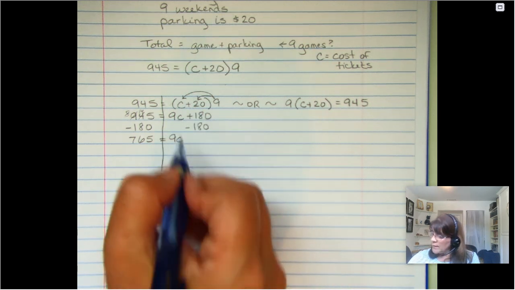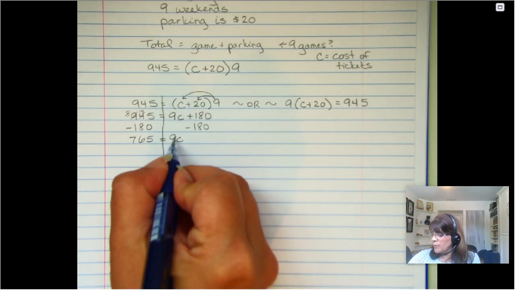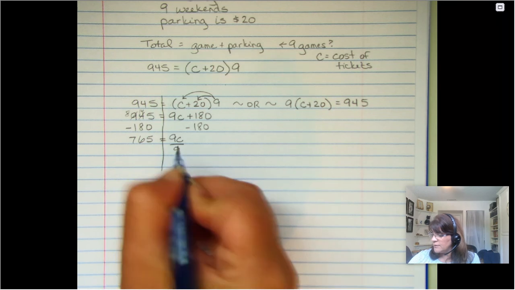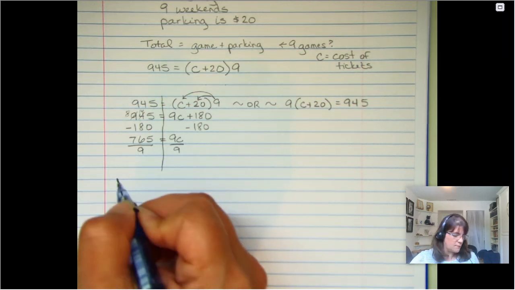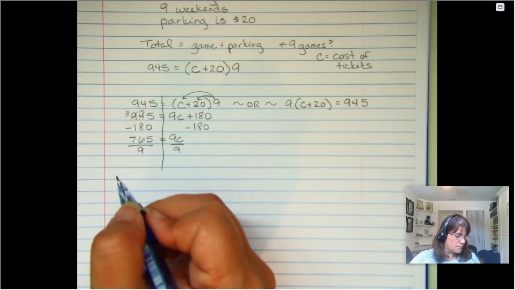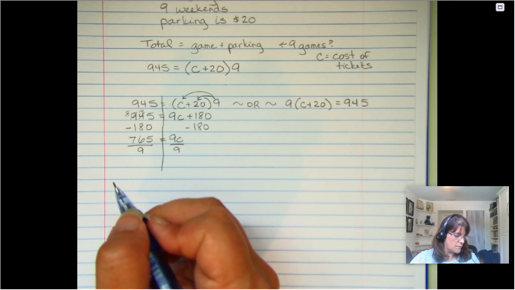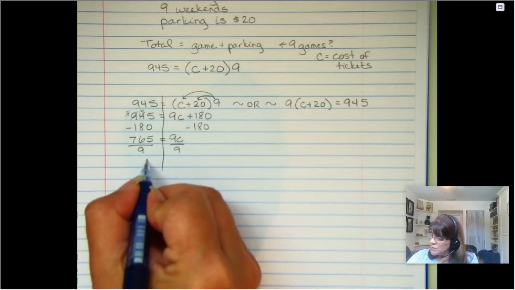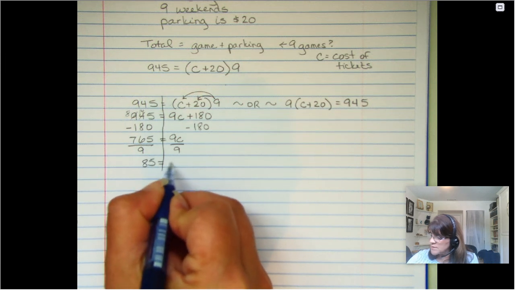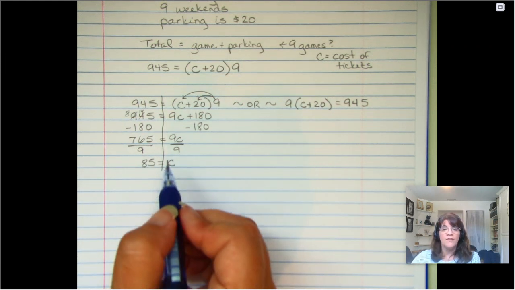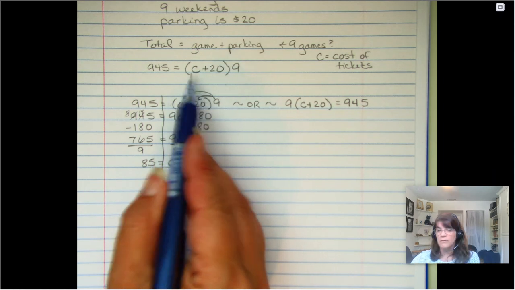Okay. Now 9 is still hanging out with C. Instead of multiplying by 9, I need to divide both sides by 9. So 85 equals C. So I have $85 per game to spend on tickets.